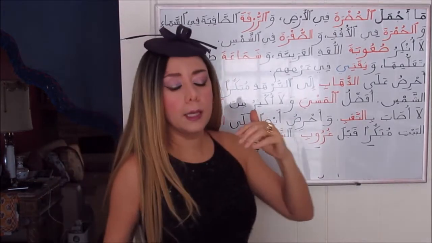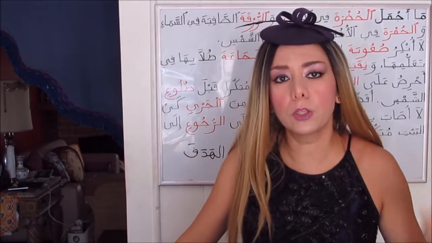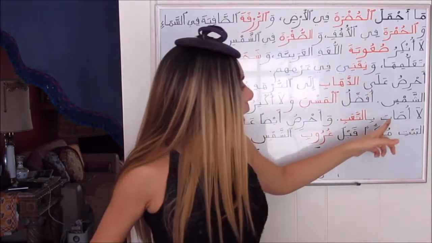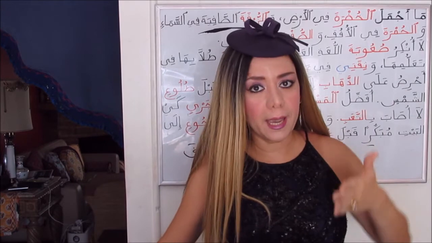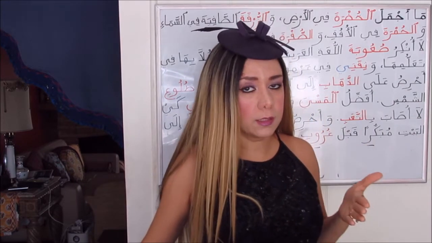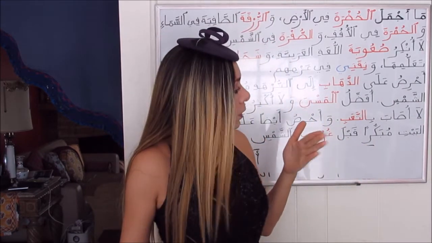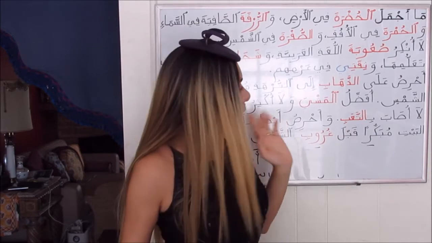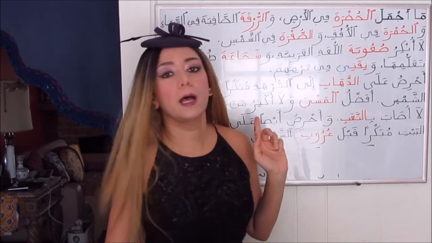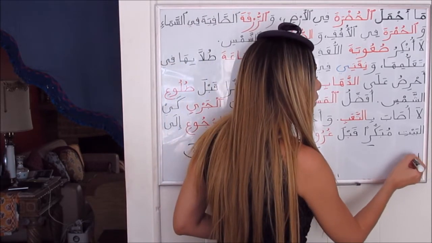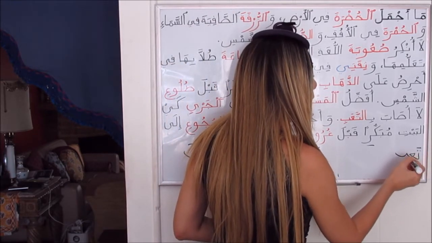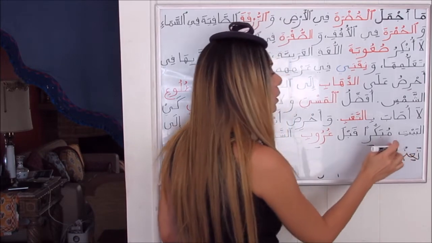كي لا أصاب. كي لا is so I don't. So I don't get. كي لا أصاب. So this is the way I would render it. كي لا أصاب بالتعب. التعب from the verb تعب. Other trilateral verbs.